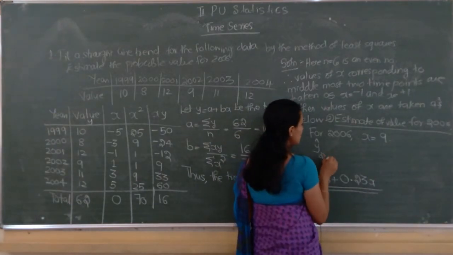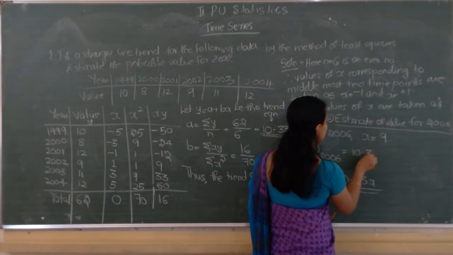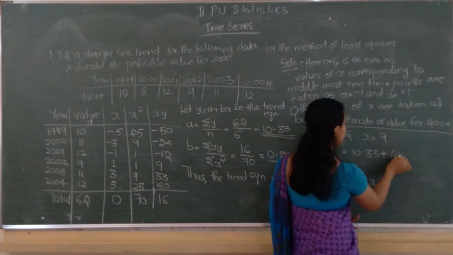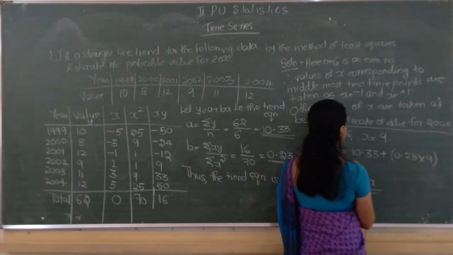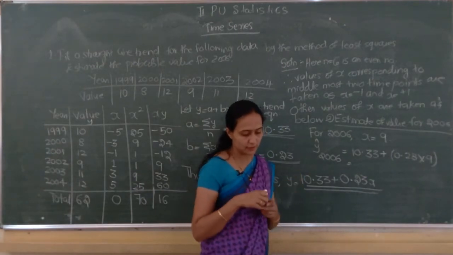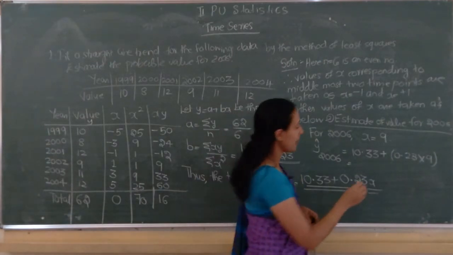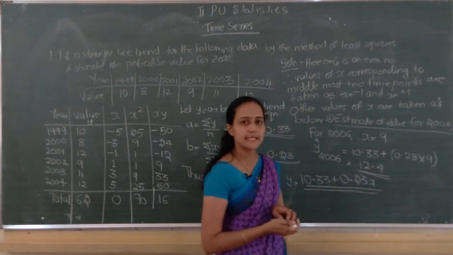So y cap 2006 equal to 10.33 plus 0.23 into x, x is 9. 10.33 plus 0.23 into 9, you will get the value 12.4. Units are not given to us.